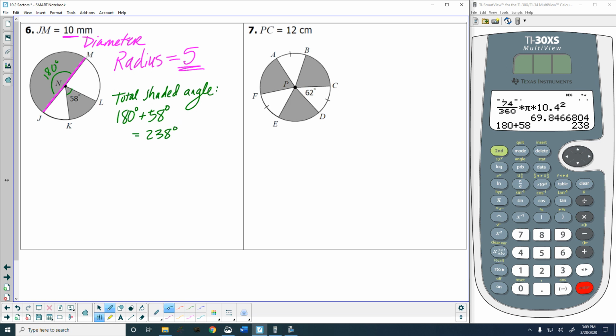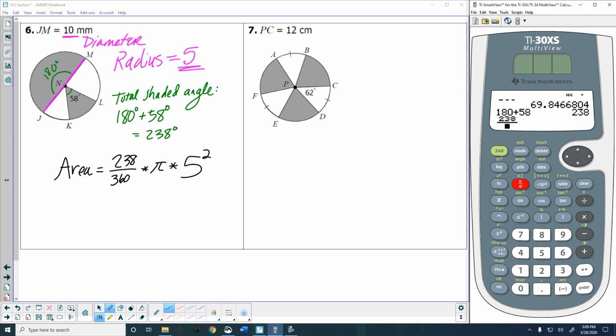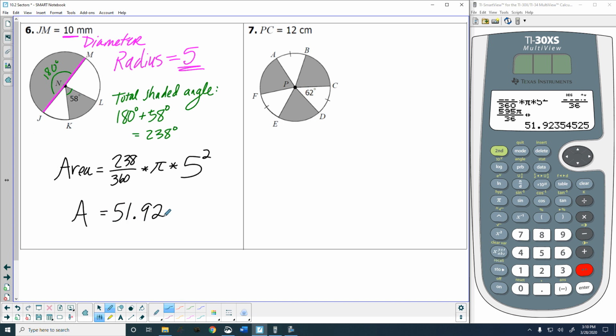All right, so to calculate the area, we'll take that 238-degree angle, divide it by 360, multiply that by pi times the radius squared. So we're using 5 for the radius, not 10, because 10 was the whole diameter. So 238 over 360 times pi times radius squared. Let's see, let's get a decimal there. All right, so the area of the shaded portion is 51.92, and our units are millimeters squared.